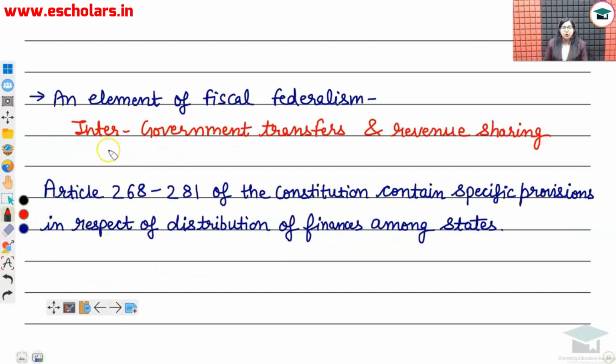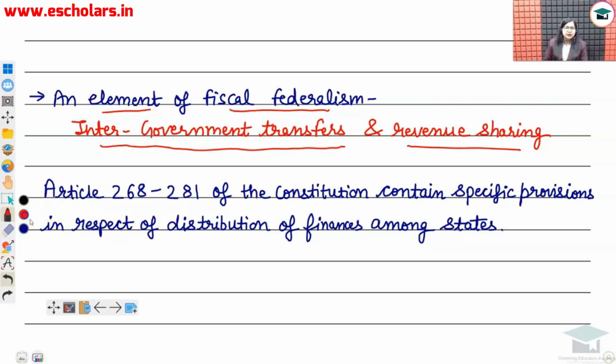Further, students, we will talk about another element of fiscal federalism, which is the most important component of fiscal federalism, which is intergovernment transfers and revenue sharing. Basically, the central government and the state government share the revenue of the taxes which is being levied and collected by the central government.